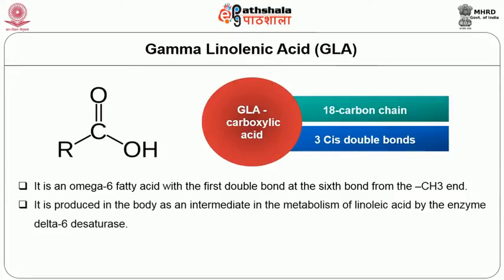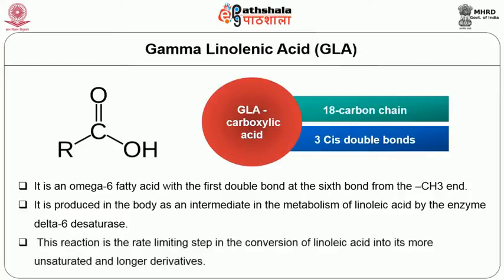Gamma linolenic acid is produced in the body as an intermediate in the metabolism of linoleic acid by the enzyme delta 6 desaturase. So look at the difference between CLA and GLA. GLA is produced in the body as an intermediate in the metabolism of linoleic acid. An enzyme is required, delta 6 desaturase, which converts linoleic acid to GLA.